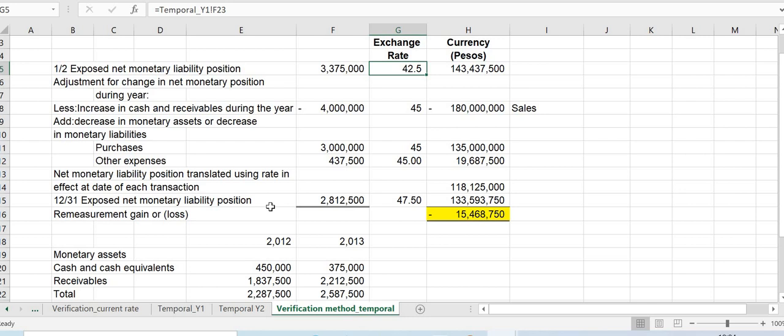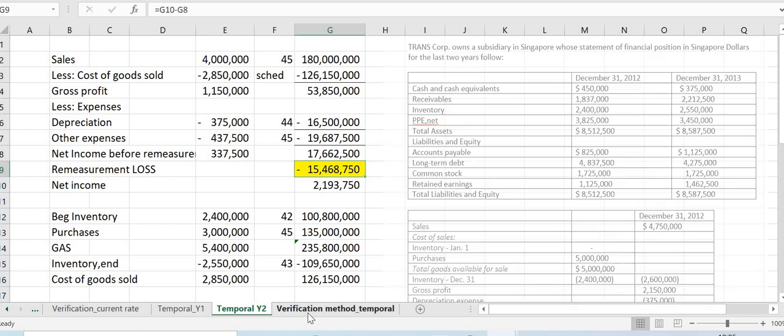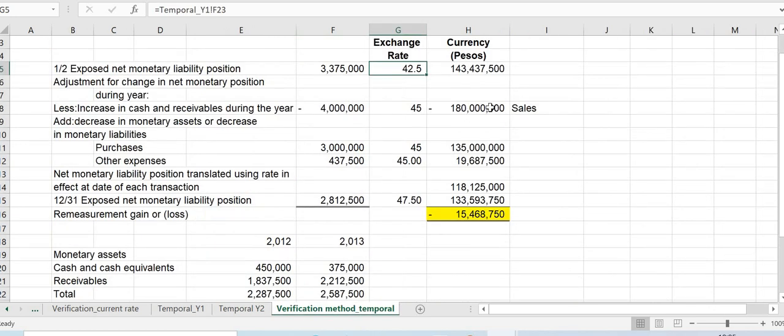So your adjustment for change in net monetary position during the year, you have an increase in cash and receivables during the year. So of course, pag monetary liability position, mag-reduce siya if may sales. So your sales natin, diba, is 4 million, and of course, translated siya using the average rate of 45. So you have 180 million na sales. And then decrease in monetary assets or decrease in monetary liabilities, of course, the purchases natin, translated using the average rate.